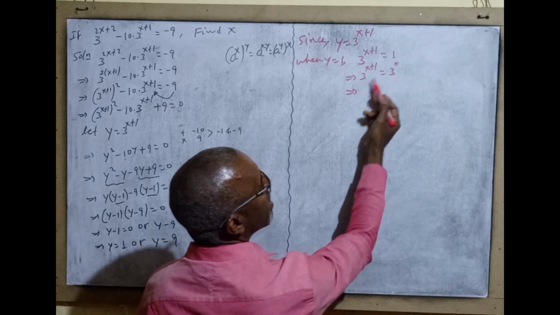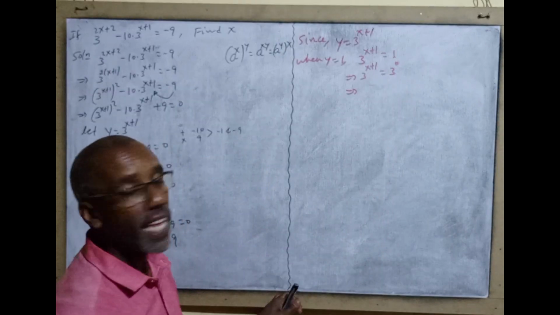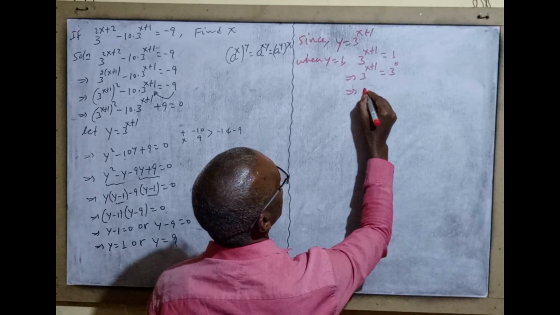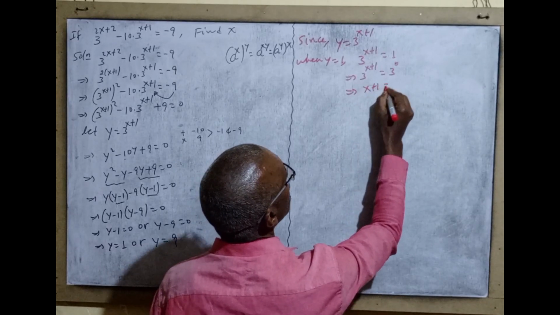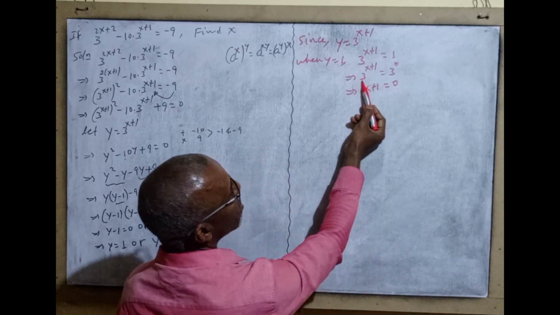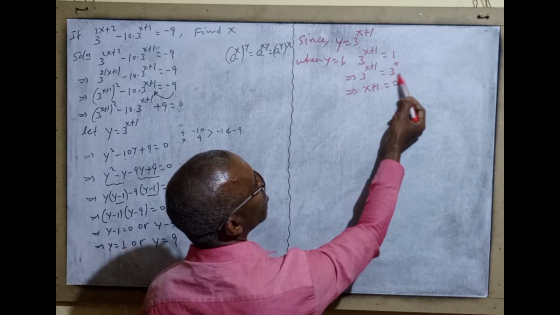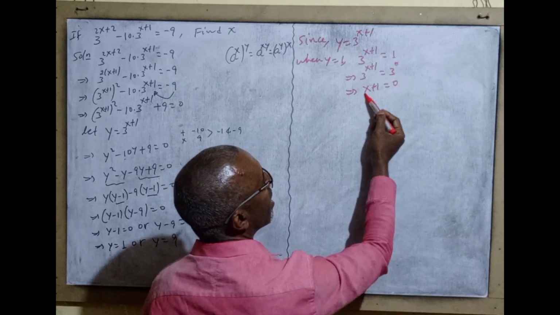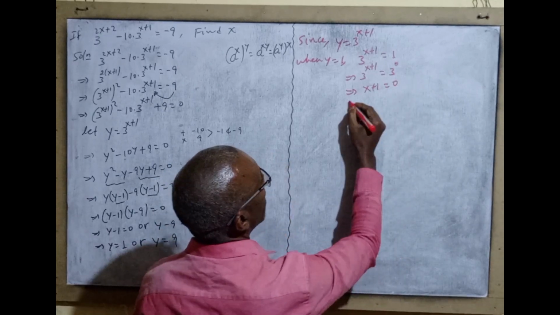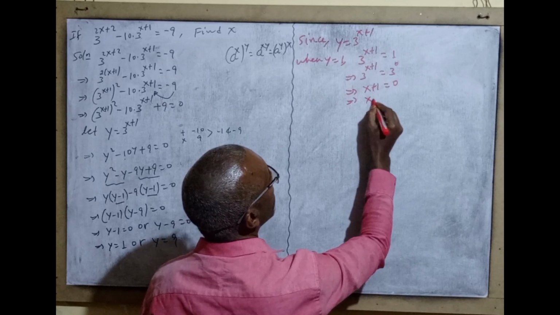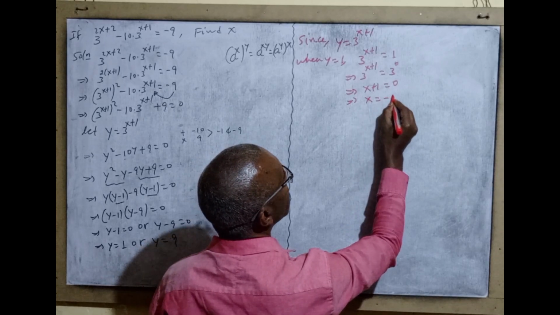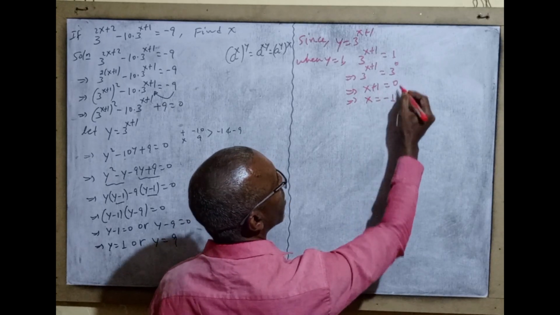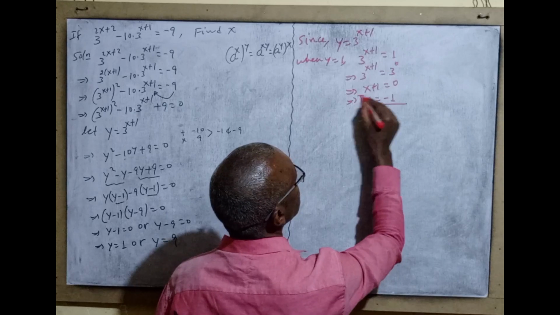Since they have the same base, their exponents should be equal. Therefore, the exponent of the left side is x + 1, whereas the exponent of the right side is 0. x + 1 = 0, and this implies x = -1. If we take this 1 to the right, we have x = -1.